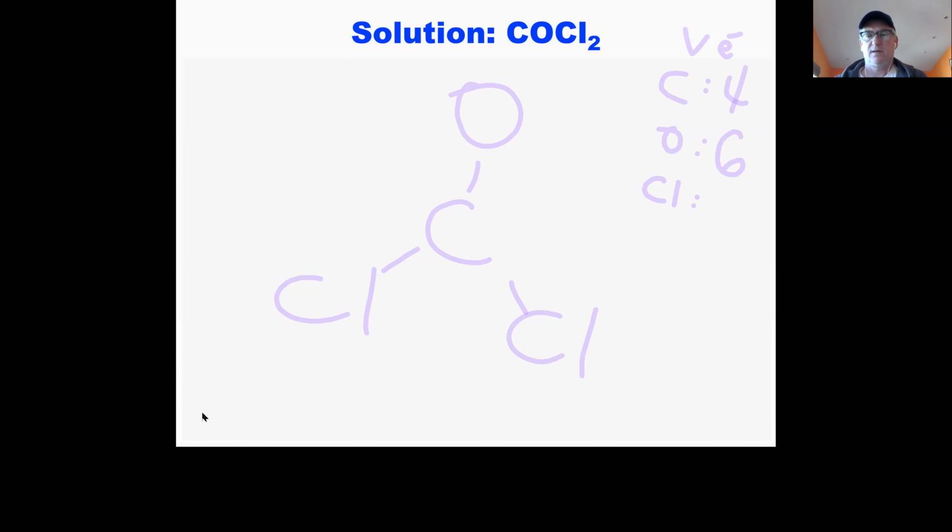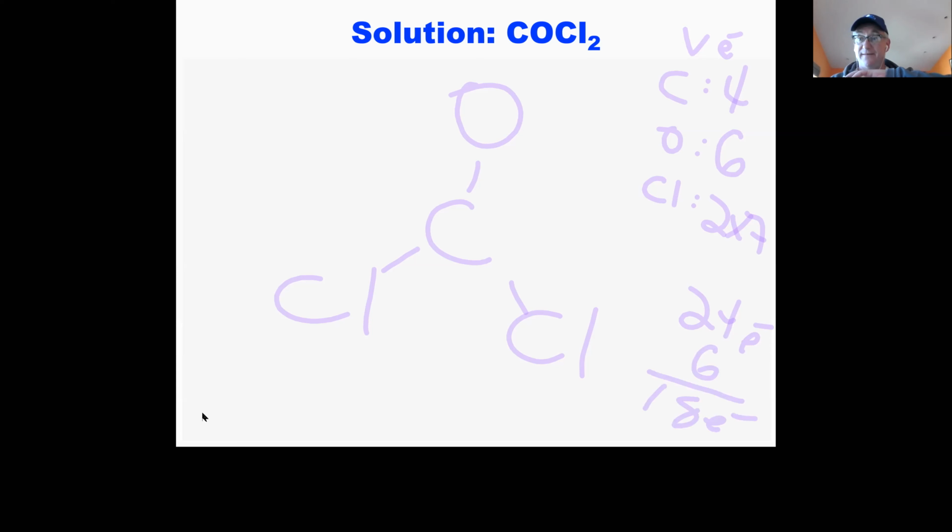It's in group 7, the last group next to the noble gases, so it has 7 valence electrons. So let's add them all up: 2 times 7 is 14, plus 6 plus 4, that's 24 electrons. I've got 6 in bonds, so that leaves me with 18 electrons left to go.